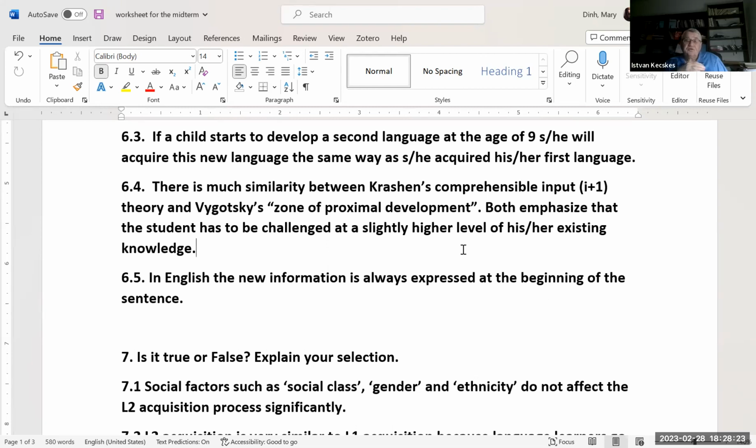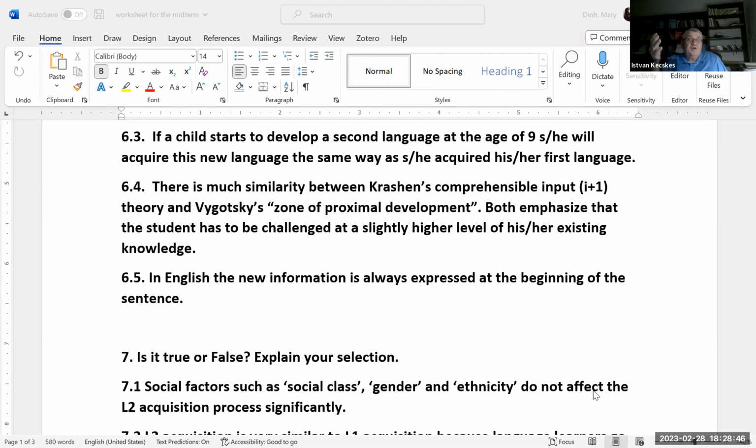As far as Krashen is concerned, he emphasizes the quality of the comprehensible input. So not necessarily, the secondary thing is the partners, the peers and the teacher for Krashen. The primary issue is the quality of the comprehensible input here.